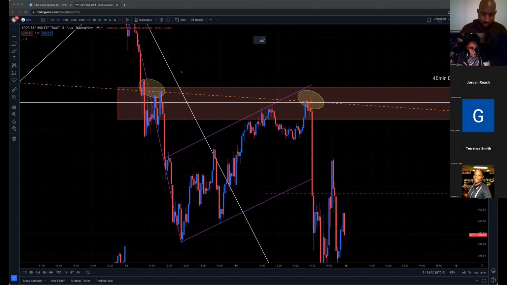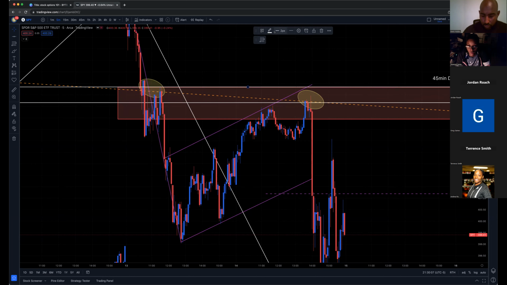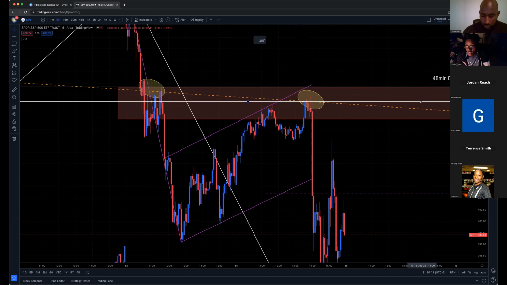Okay, at 405.21, I said I really love this 405.21 to 405.84 area for SPY. So let's mark that up, 405.84, which was the top of the range here. That's why I called that out. And then I'll just move this line up here to 405.21.